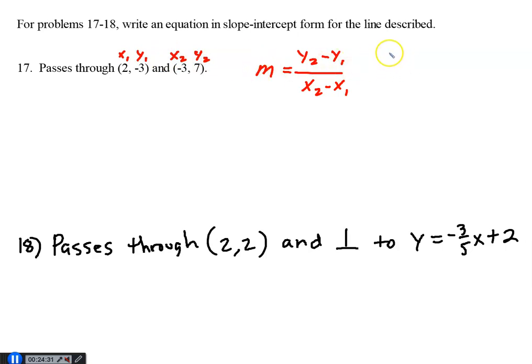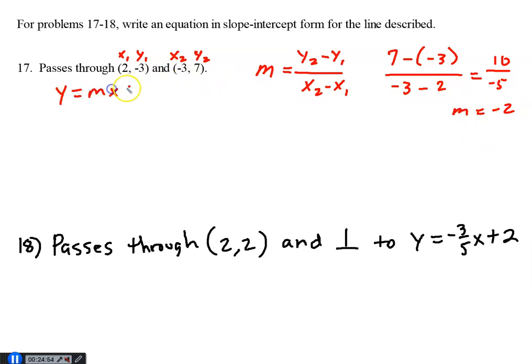So y2 is 7 minus y1 is -3, x2 is -3 minus x1 is 2. 7 minus -3 is 10 over -5. Slope is -2.